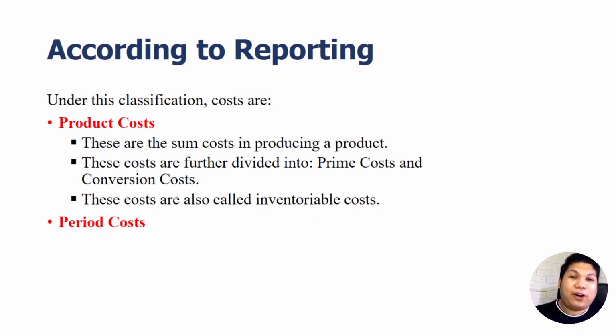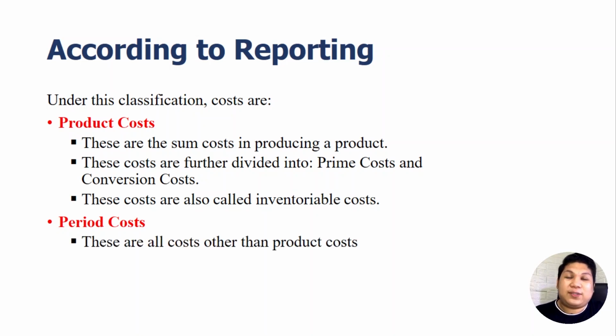The other type of cost under reporting is the period costs. These costs are all those costs which are not product costs. Whatever costs incurred which are not related to producing a product are all period costs. So this could be the salary of the accountant, the taxes paid, the interest paid to banks, the charges, and also the office supplies, and so on, and many more.